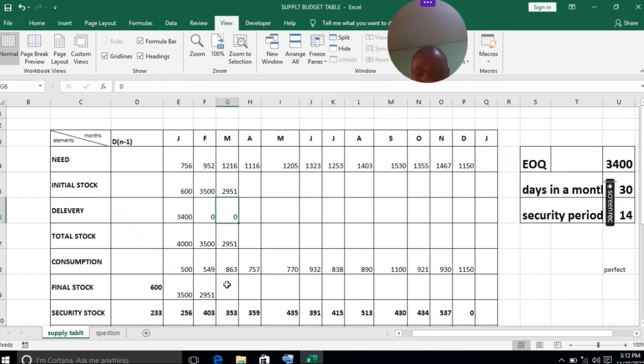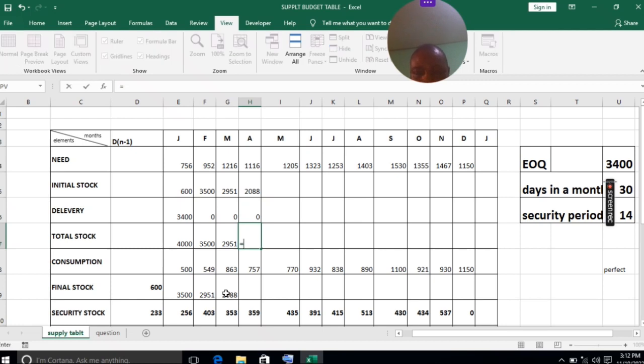So when we subtract our consumption from that, we'll be having a closing stock of this minus this is equal to that, 2,088 units. So it will still be our opening stock in April. So our opening stock in April, let's compare again the initial stock with the need. Need is still less than the initial stock, so zero replenishment.